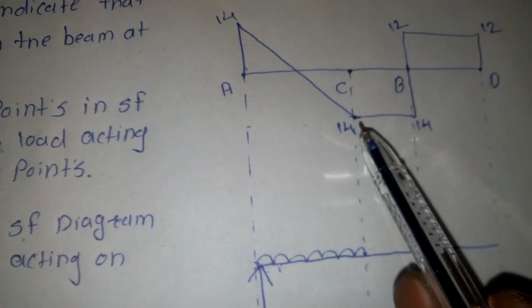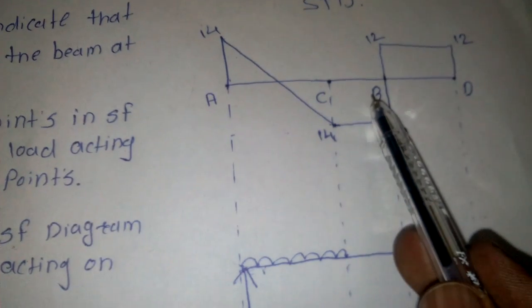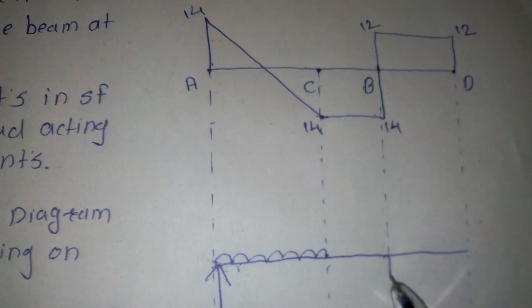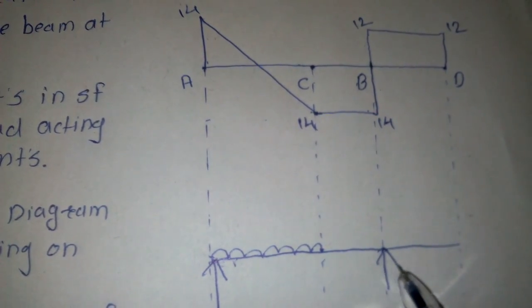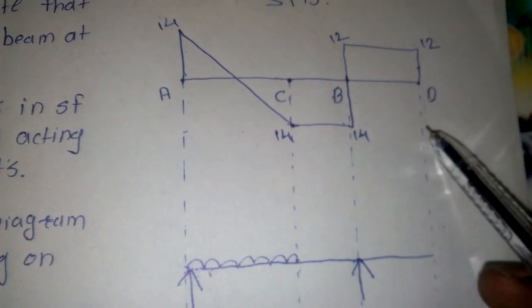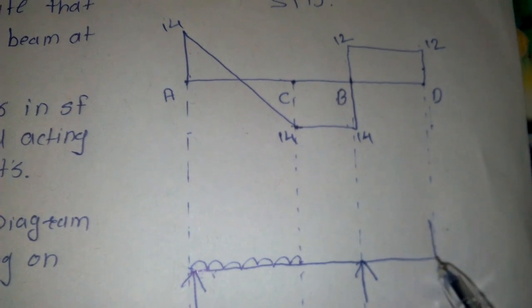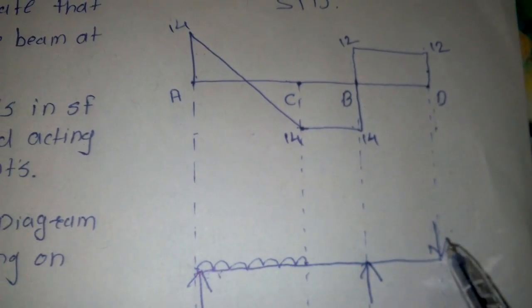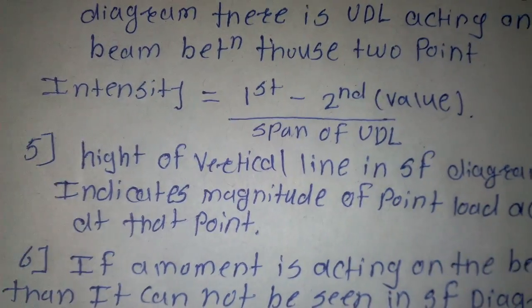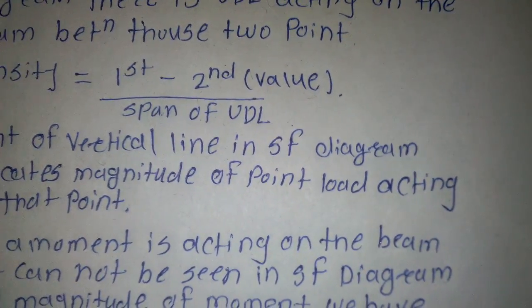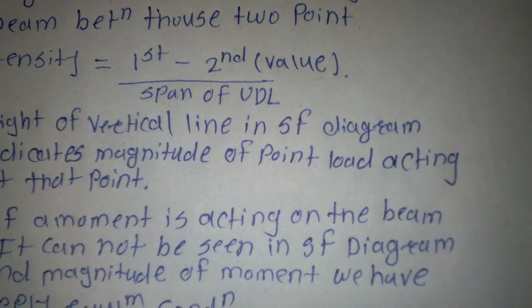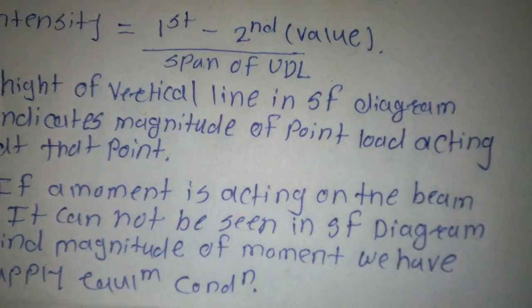Now at point B there is a vertical line, so it is also a point load, and at point D also a vertical line, which is vertically down, so the load acts downward. Now the fifth point: the height of the vertical line indicates the magnitude of the point load acting at that point.